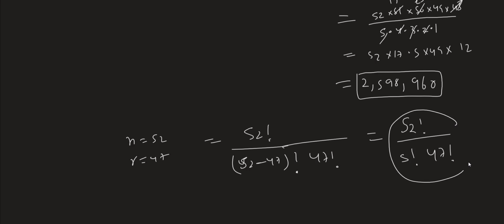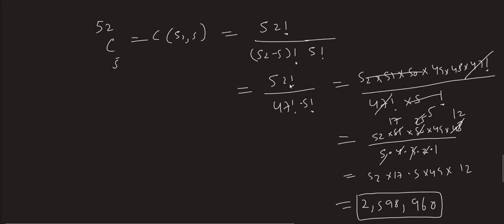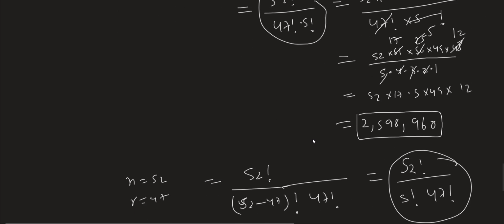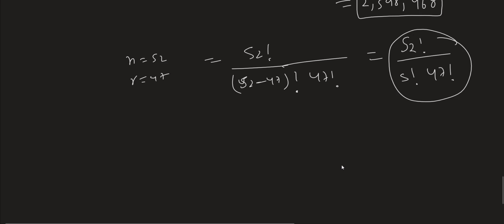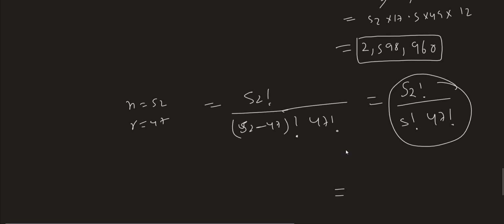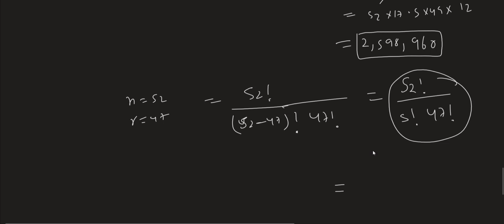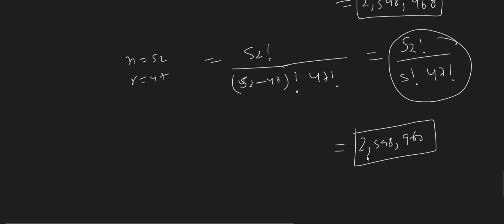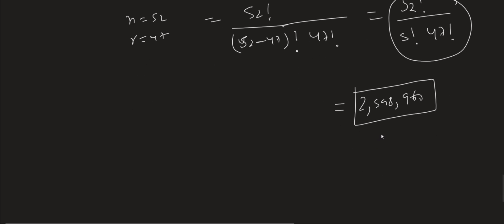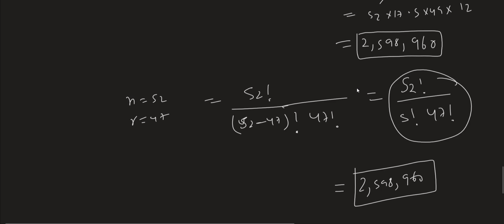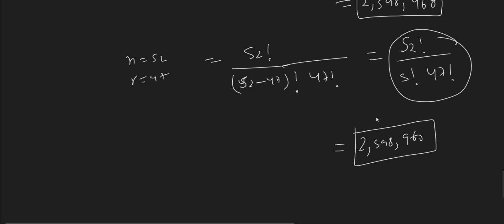If you look at this and what we obtained earlier, both are the same. 52 is in the numerator and 47 and 5 are in the denominator. So we'll get the same number of combinations. This is one of the special cases where both of them are equal.